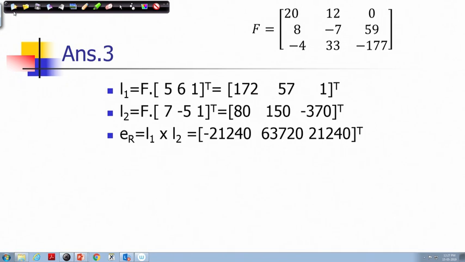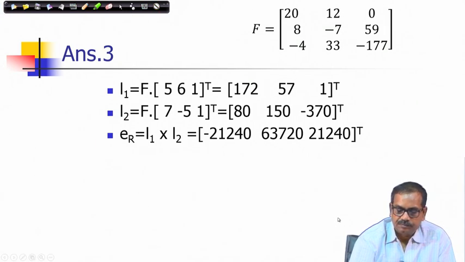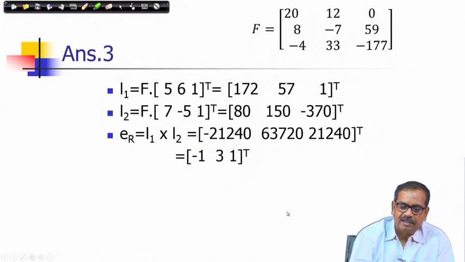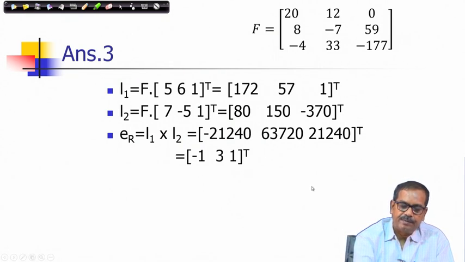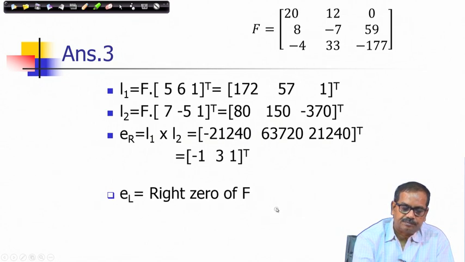The numbers are big, but you can always choose the scale to make all those values small, which is shown here as (-1, 3, 1). So, the coordinate of the epipole in the right plane is (-1, 3) in conventional two-dimensional geometry.